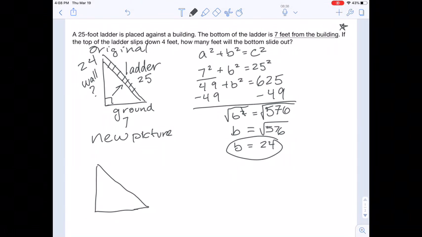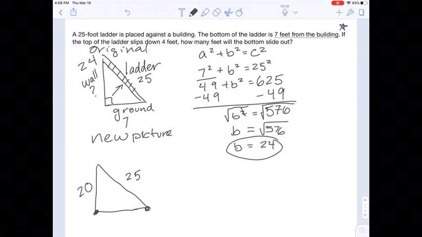The ladder is the only thing that doesn't change, because you can't actually change the size of the ladder in this situation. So the ladder is going to stay 25 feet. But if it slid down 4 feet, now the wall isn't 24 feet anymore. Now it's how many feet? Good. It's going to be 20 feet.